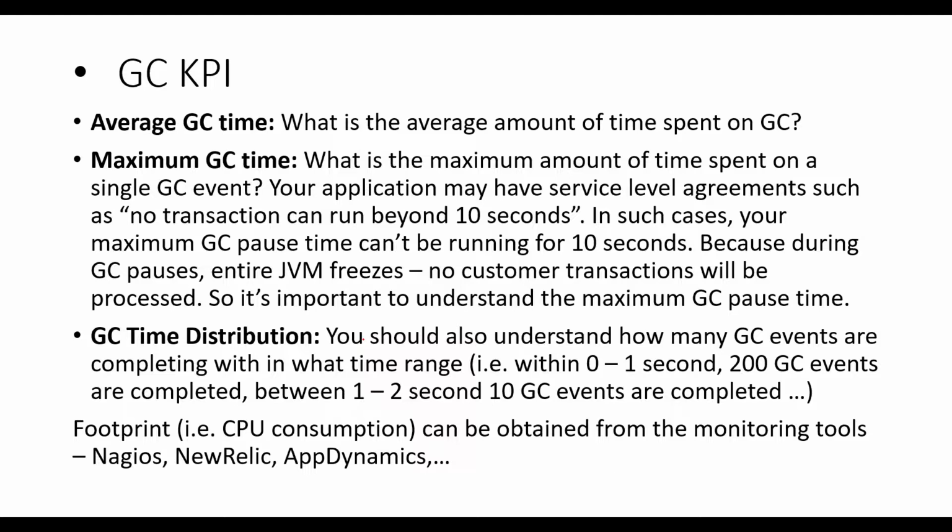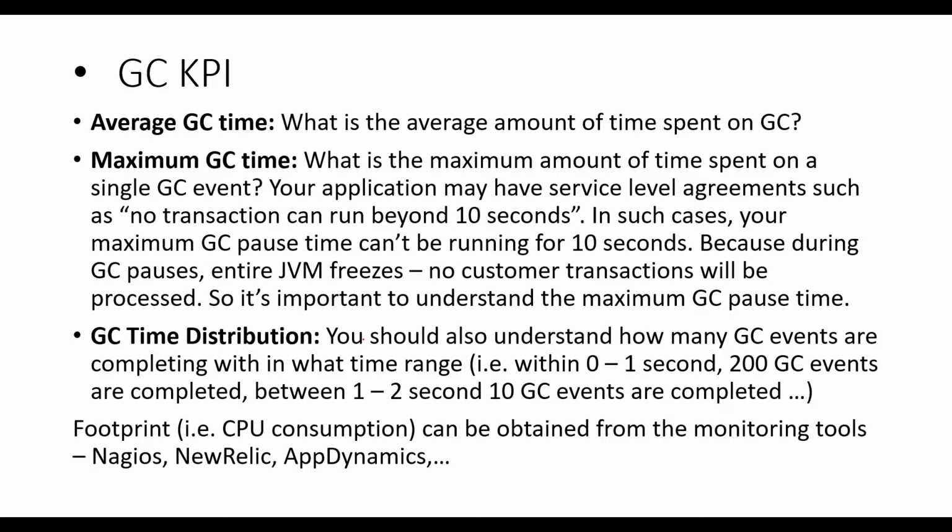As of now, just understand average GC time and maximum GC time, which is the time your GC is taking. What is the exact amount of time your JVM is spending on the GC cycle? Because the business or the application does not care about your GC cycle or how much time it is taking.